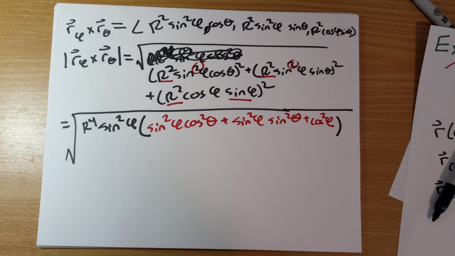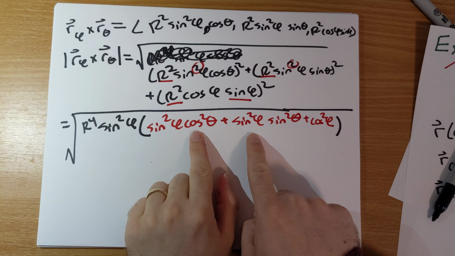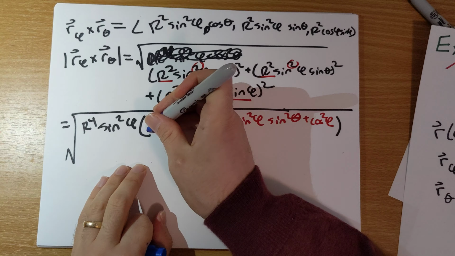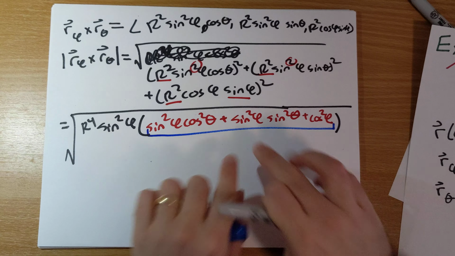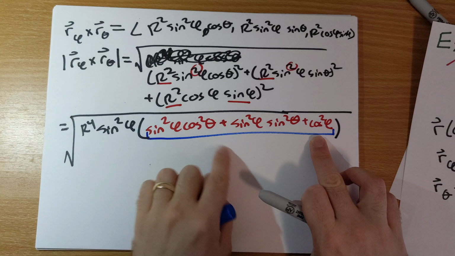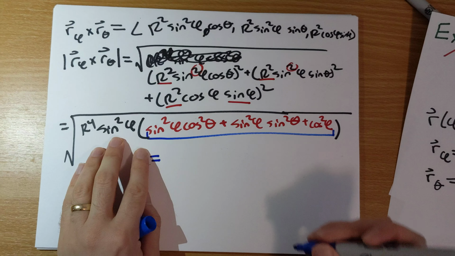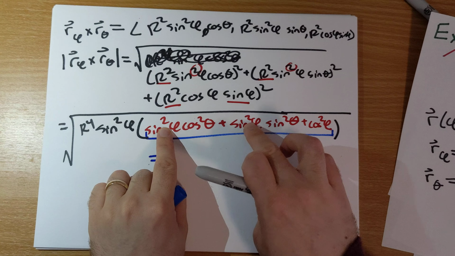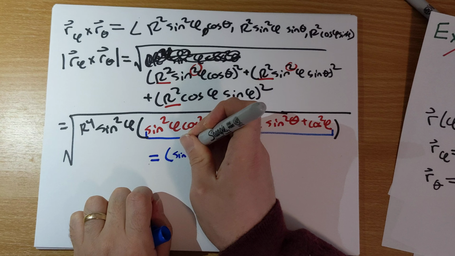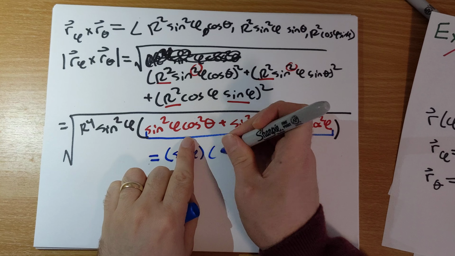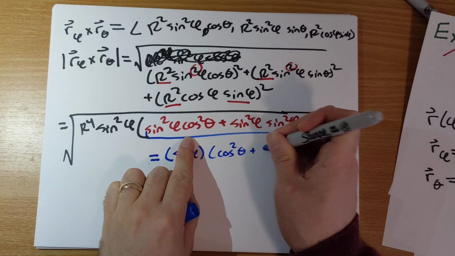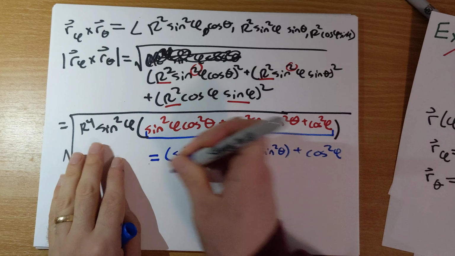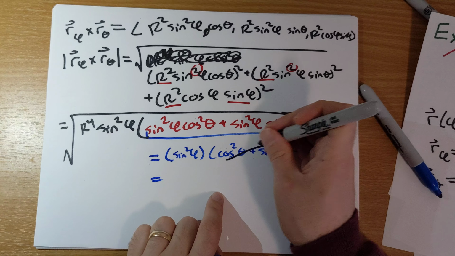Okay, so again, we should be looking: does this simplify? Yes, it does. A little bit of sideboard here. This expression right here is equal to sine squared phi times cosine squared theta plus sine squared theta, plus cosine squared phi. That's 1.